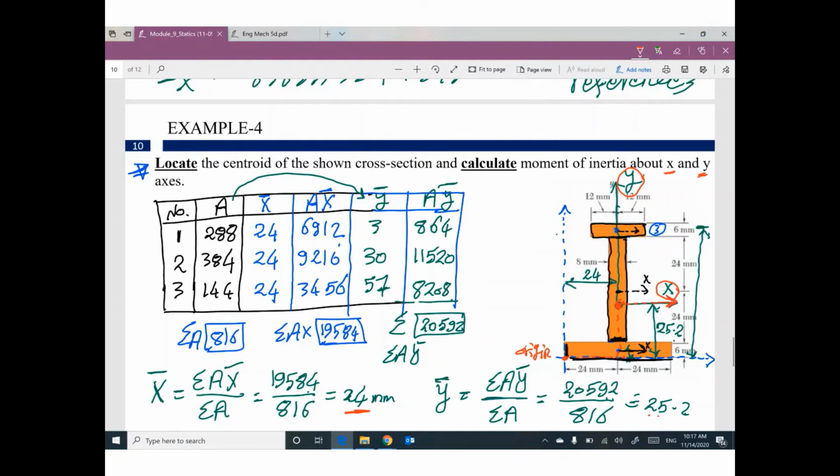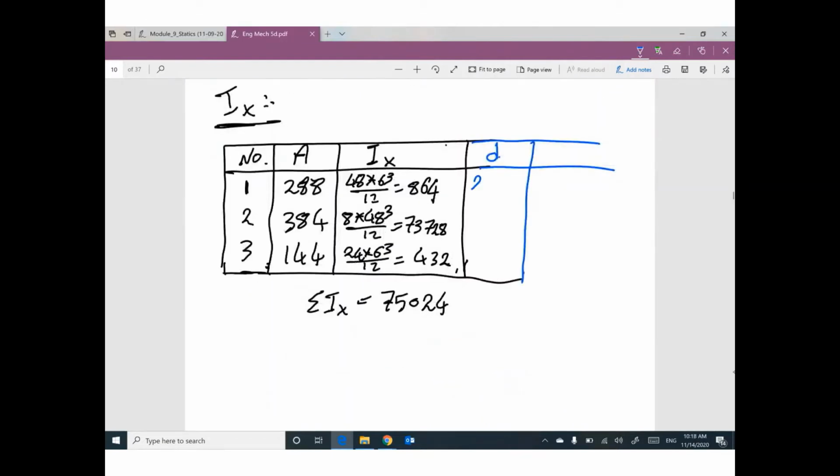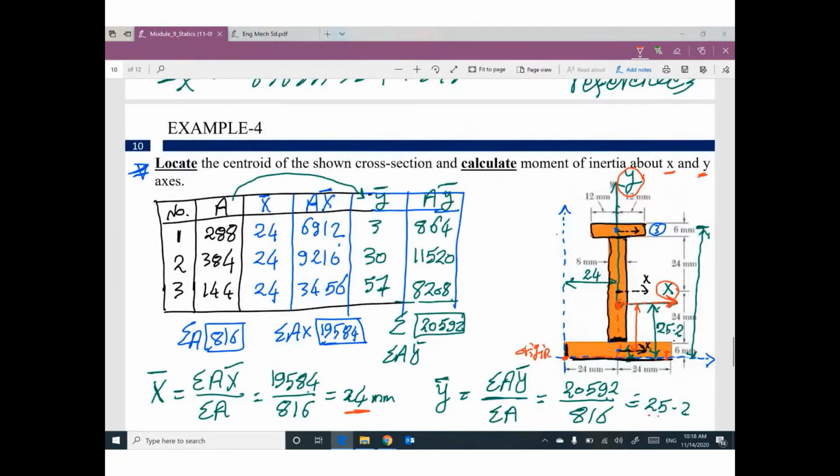What is the distance between this one and the actual one? I believe this distance will be 25.2, but you need to subtract 3. You can get this distance for part number 1. It will be 22.2.